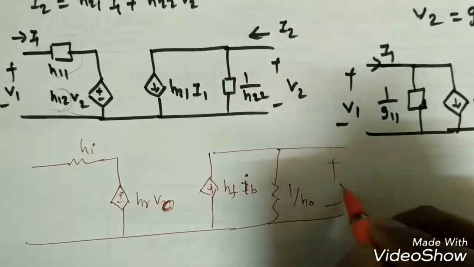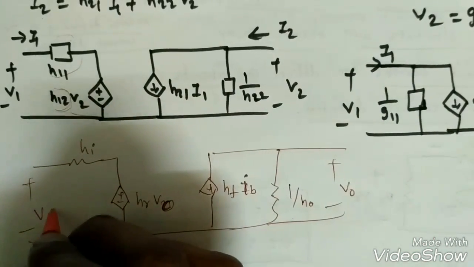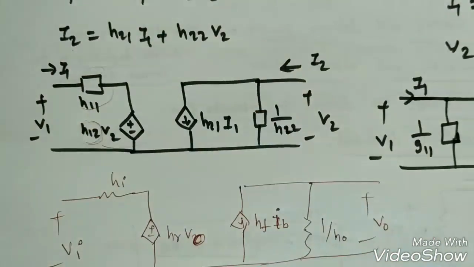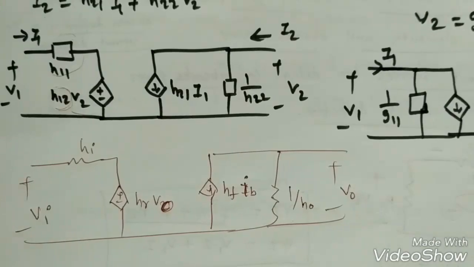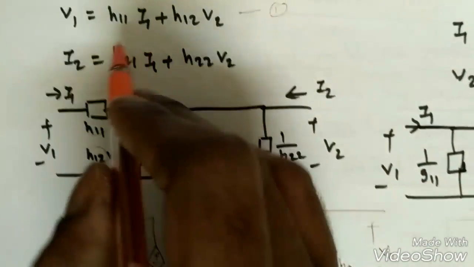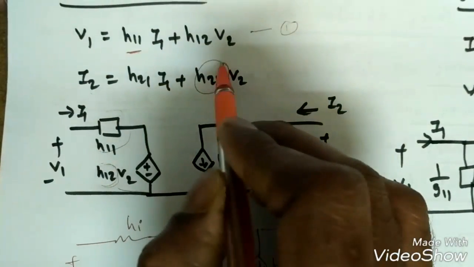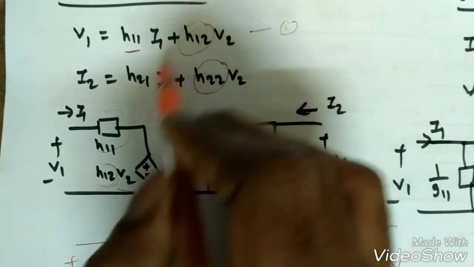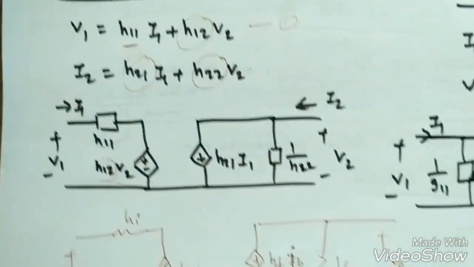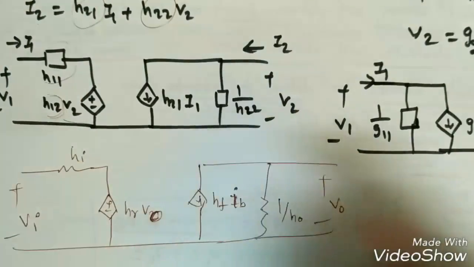And this is Vo and this is VA. The H parameters are important in analog electronics because here we have input impedance, output impedance, voltage gain and current gain, right? So that is the reason why we use these hybrid parameters in analog electronics.